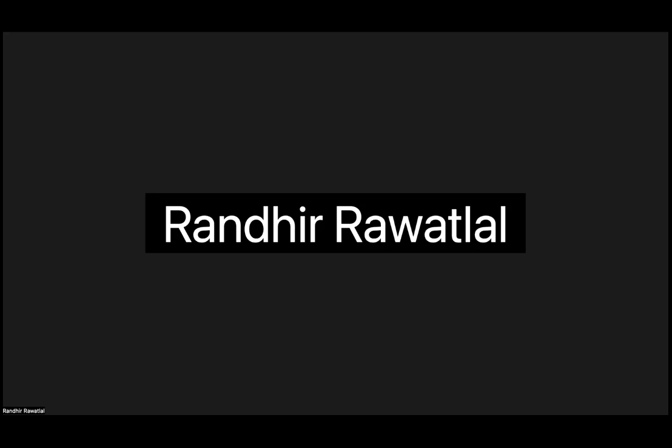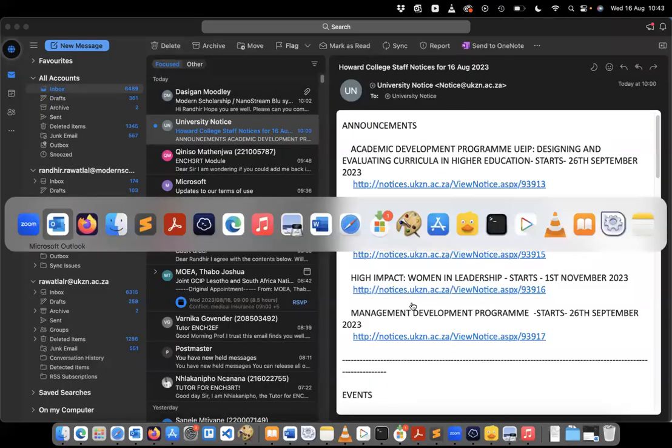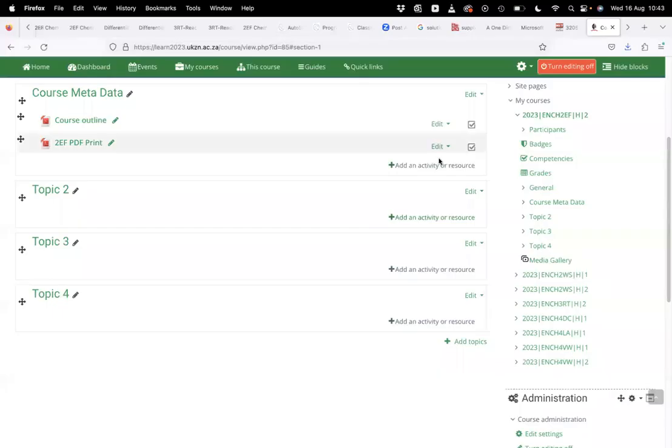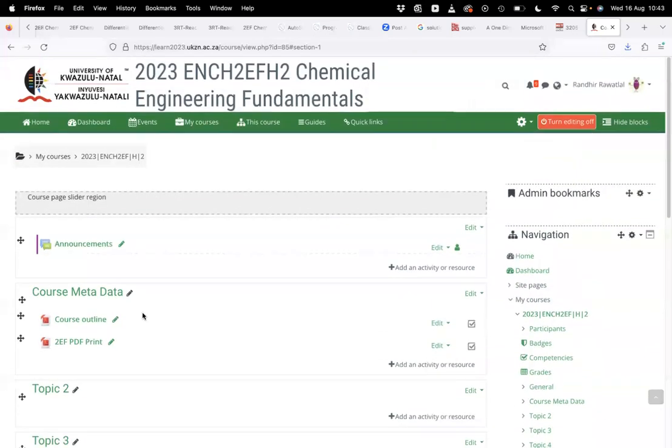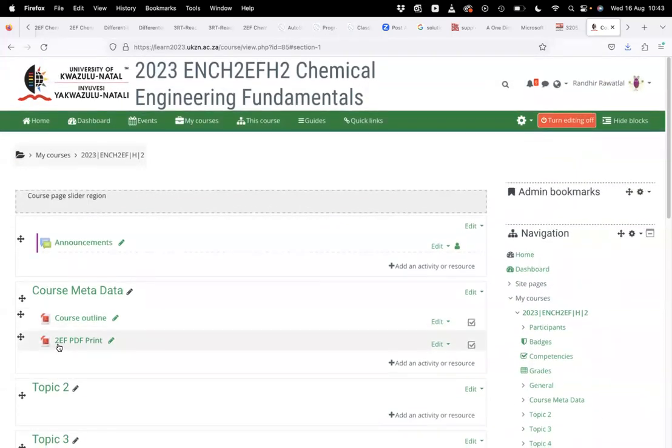Okay, it's done. So if you go to course metadata, let me just show you through share screen here. Okay, so if you go here under course meta, you'll see this 2EF PDF print.